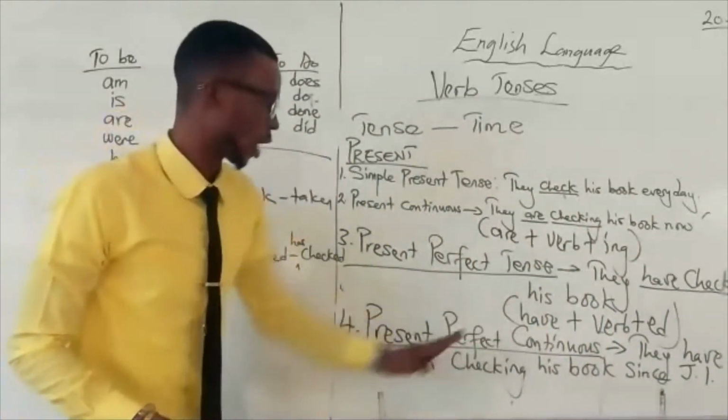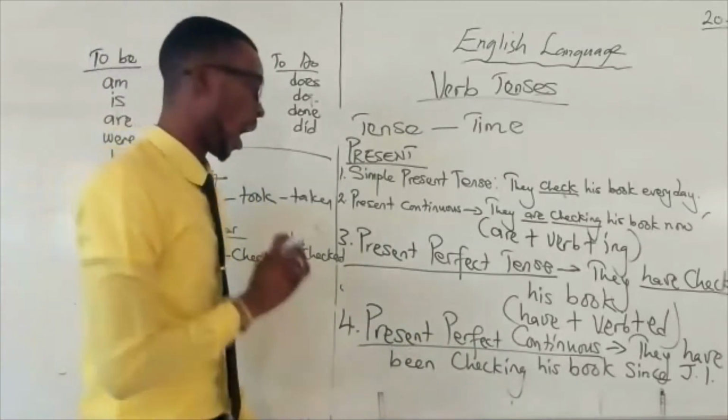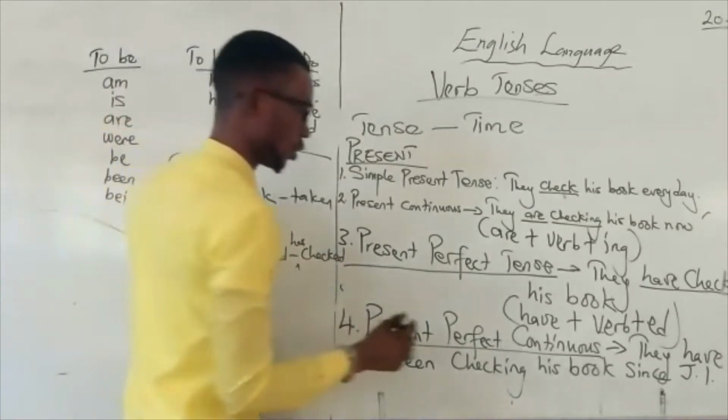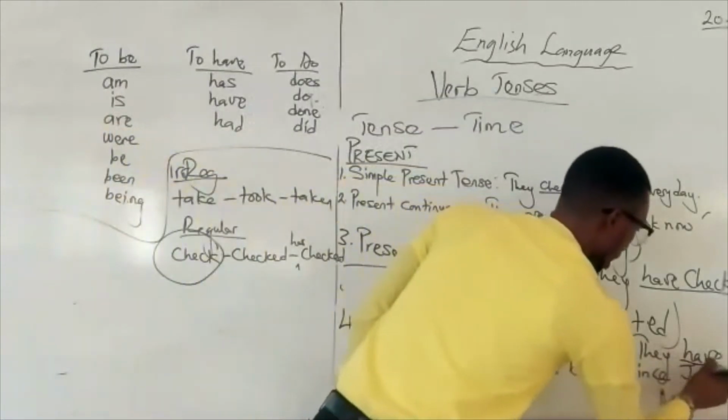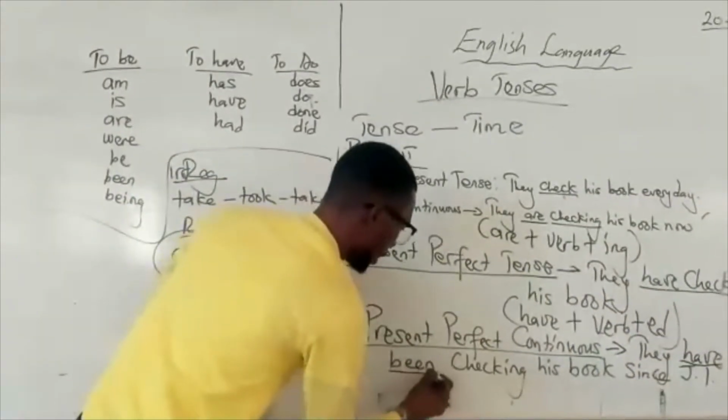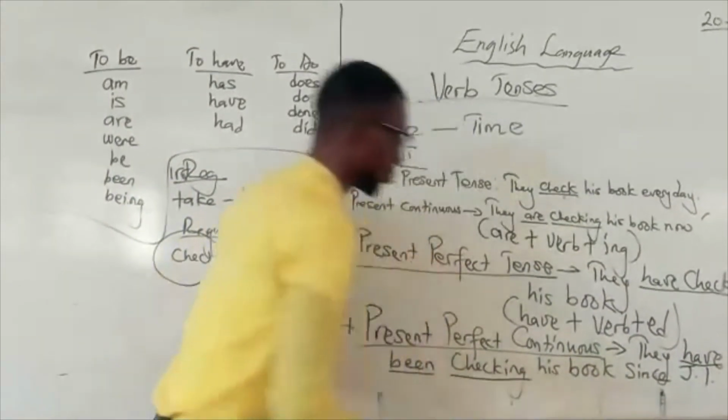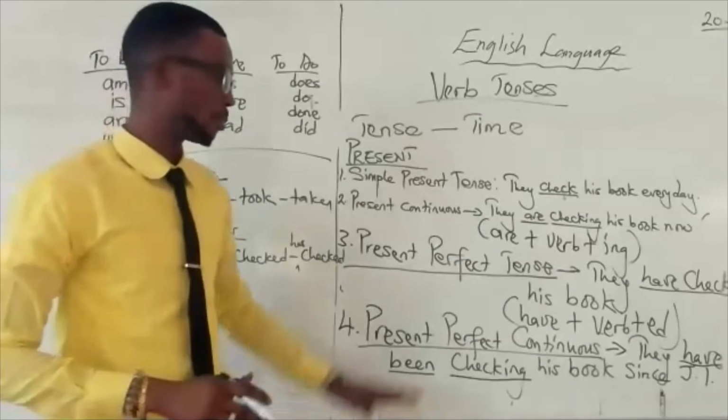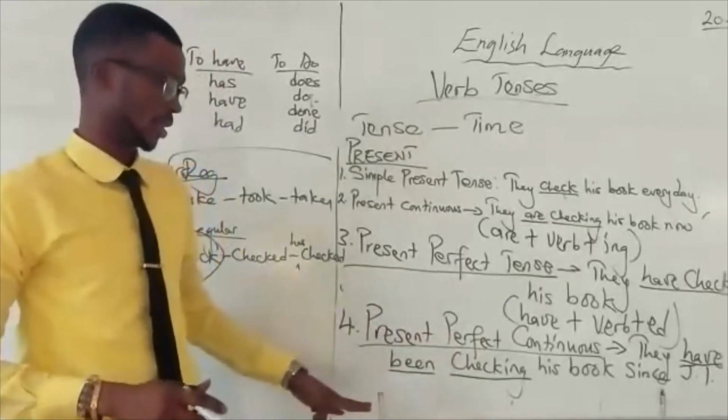Okay, so they have been checking his book since J1. How is this the present perfect continuous? Because of the use of have plus been plus checking. So that's how you form the present perfect continuous tense.